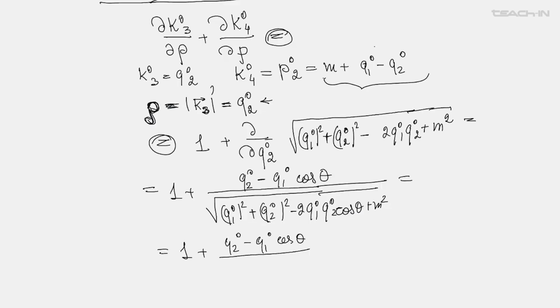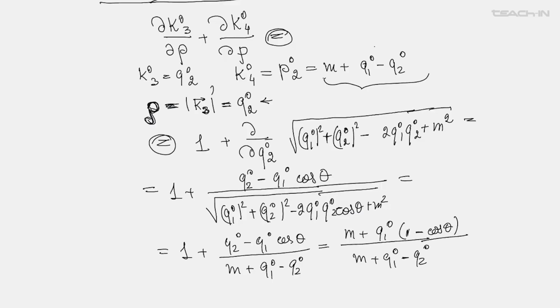So at the end, if you make a common denominator, then this becomes M plus Q10 (1 minus cosine theta) over (M plus Q10 minus Q20). This is the expression which you have.